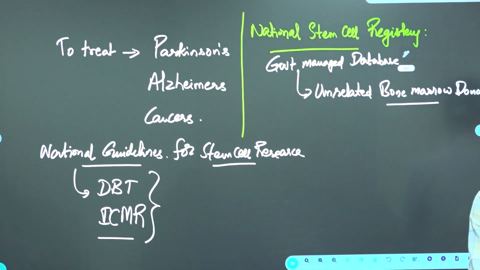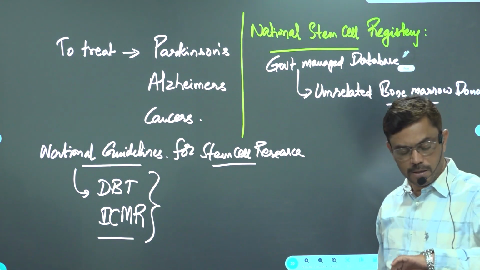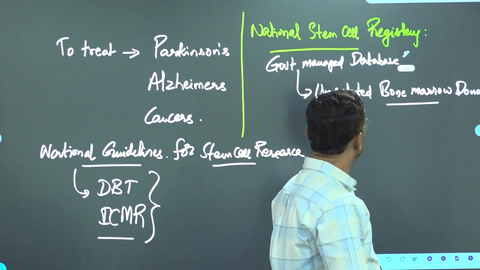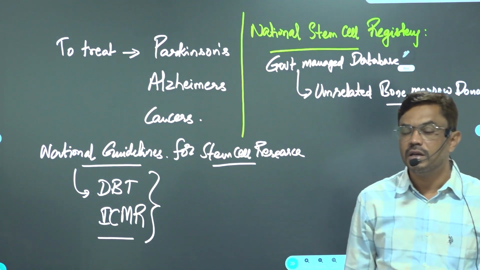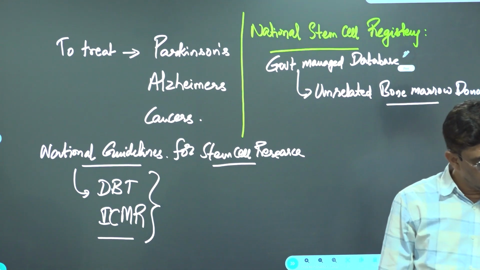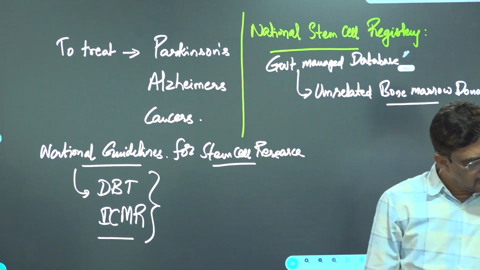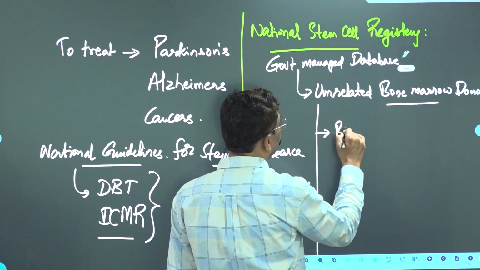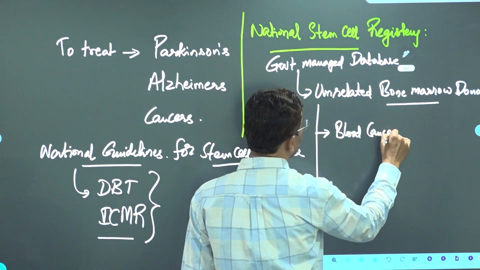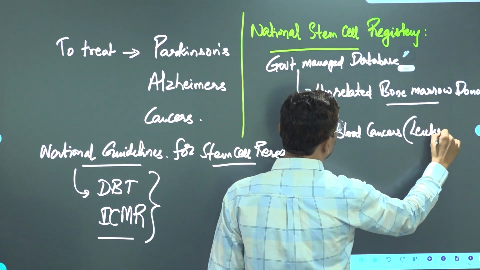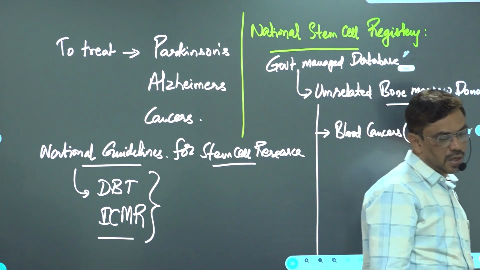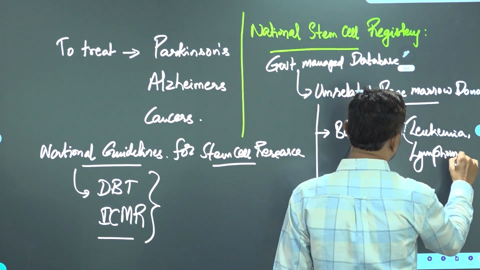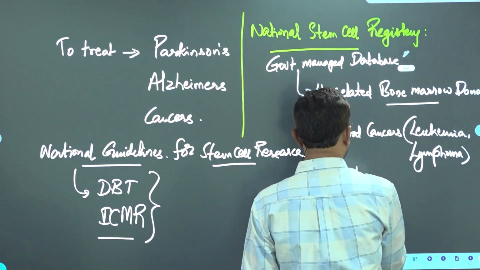Its main aim is to find matching donors for treating patients with blood cancers like leukemia and lymphoma, and thalassemia.